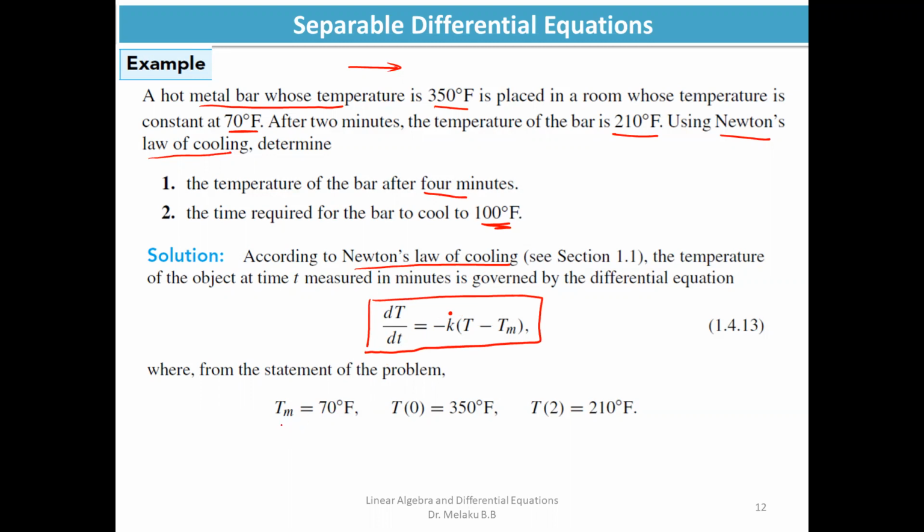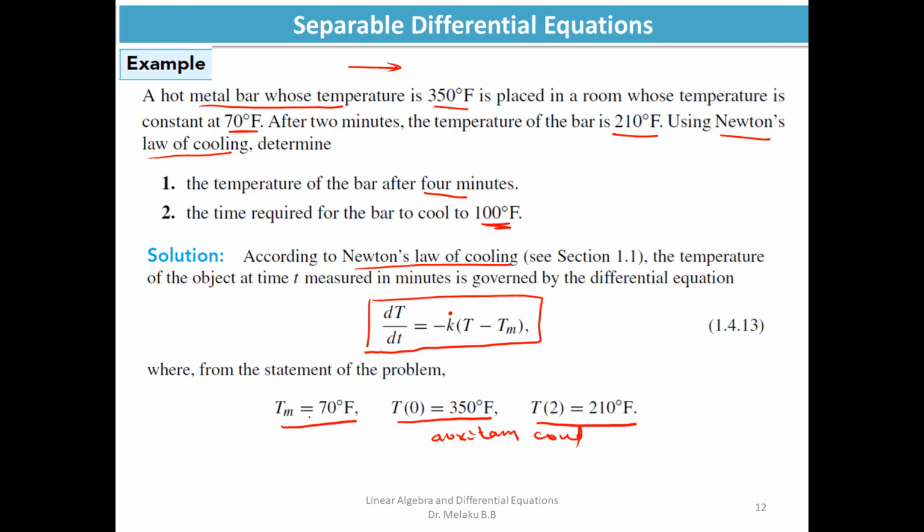The temperature of the medium is 70 degrees Fahrenheit, the temperature of the metal bar at 0 minutes is 350, and at 2 minutes it is 210. These could be considered as the two auxiliary conditions.